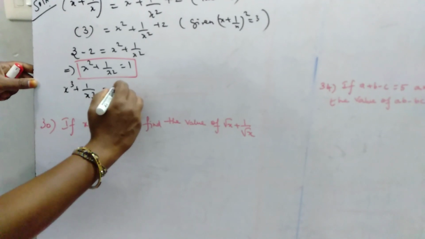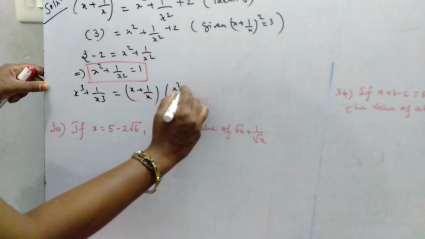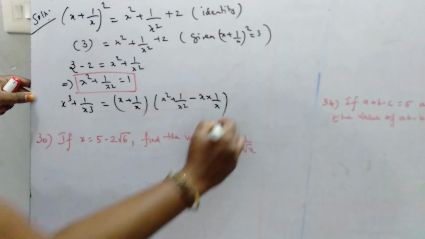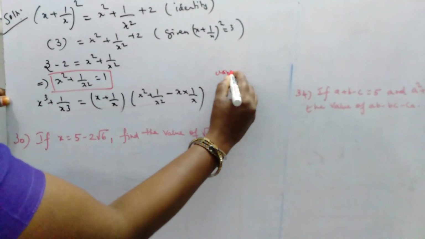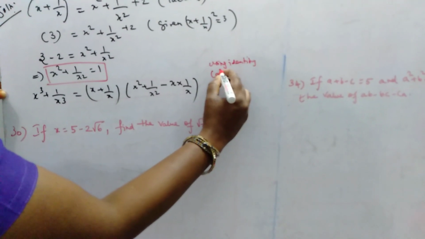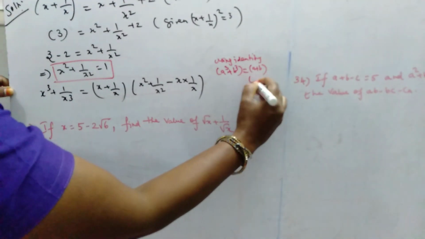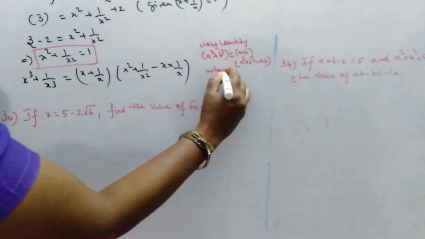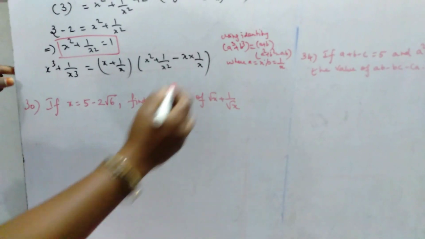This is also an identity, that is (x + 1/x)(x² + 1/x² − x · 1/x). Using the identity a³ + b³ = (a + b)(a² + b² − ab), where a = x, b = 1/x.